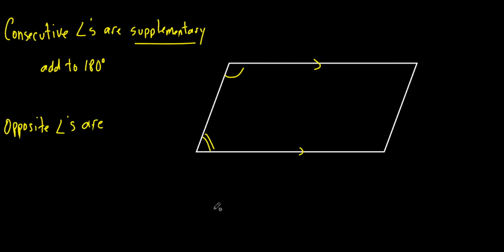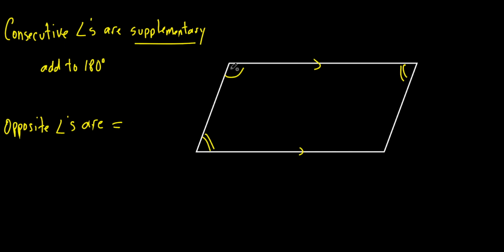All right, so look at the opposite angles. What do you think might be true? Just gut instinct. This one and this one. Yeah, they look exactly the same, don't they? And they are. That's what that theorem says. The opposite angles are what? Equal. So this one and this one are equal to each other.